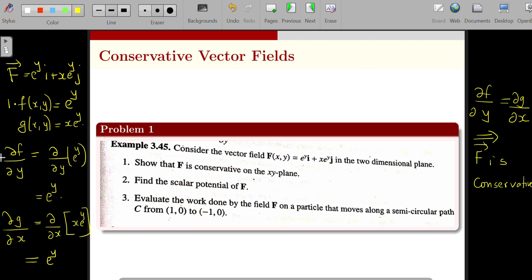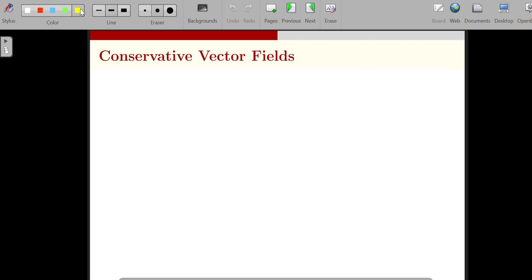In the second part, you are asked to find the scalar potential of F. So what is the meaning of scalar potential of F?